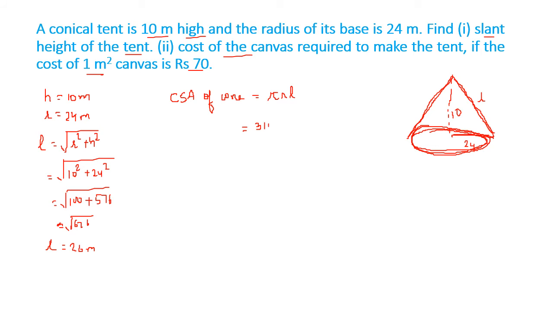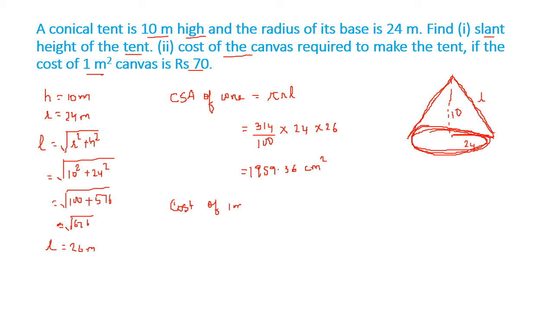So 314 upon 100 into R. R is 24 and L is 26. You will multiply this and you will get your answer. We get approximately 1959.36 centimeter square.